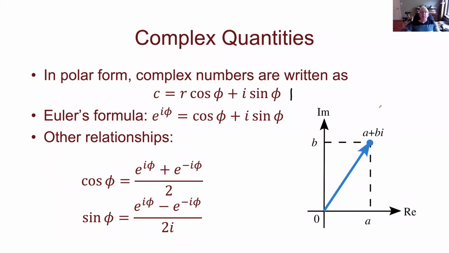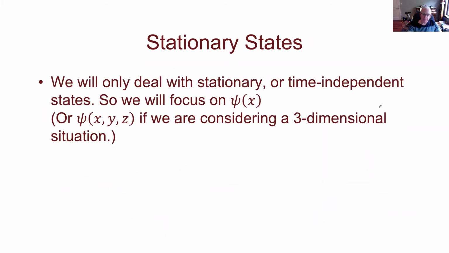Okay, we will still have to keep in mind one aspect of the fact that the wave function can be complex, and we'll come to that shortly. A significantly simplifying aspect of the quantum mechanical systems we want to consider is that we're going to deal only with stationary states, or things that are time independent. That means we can look at only the position part of the wave function.